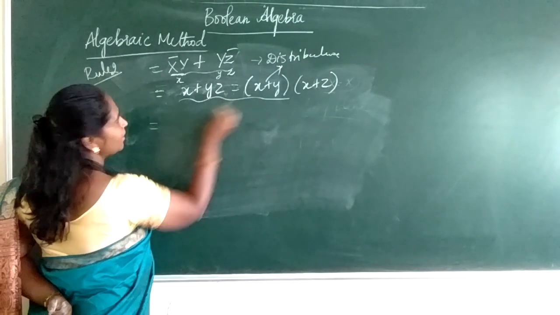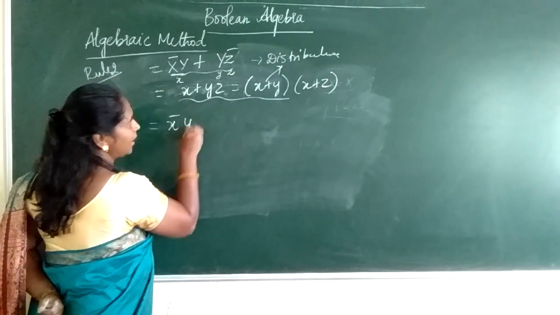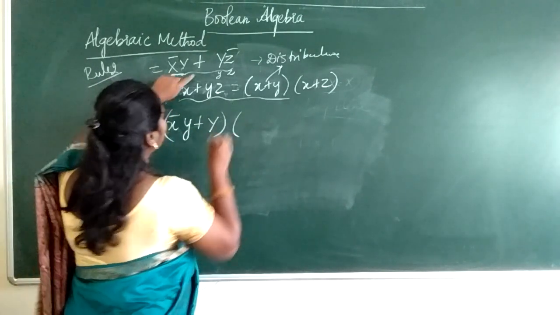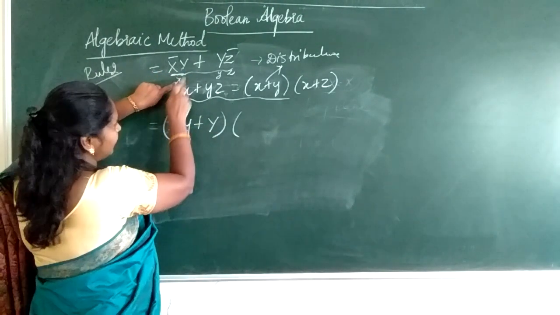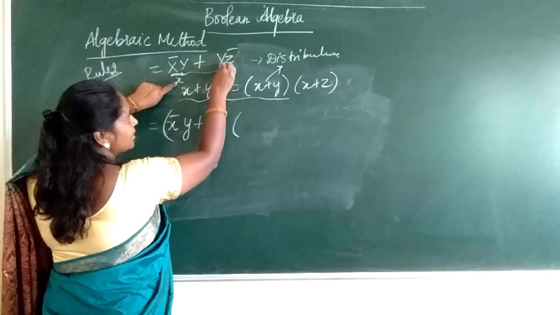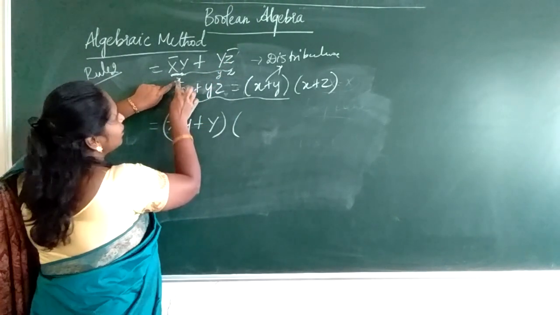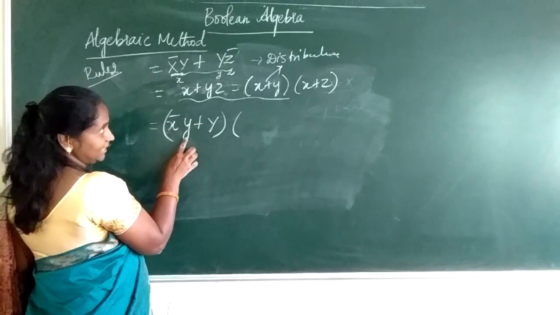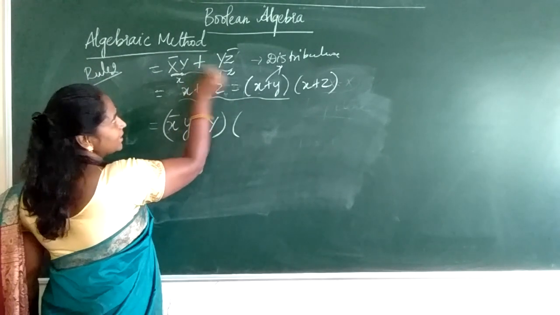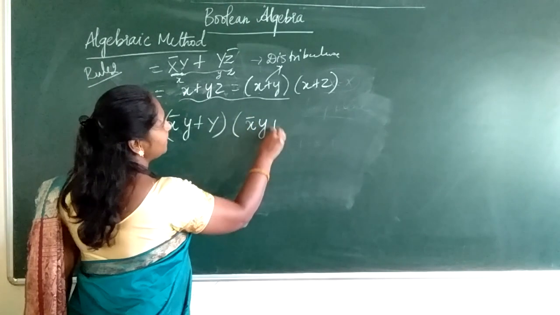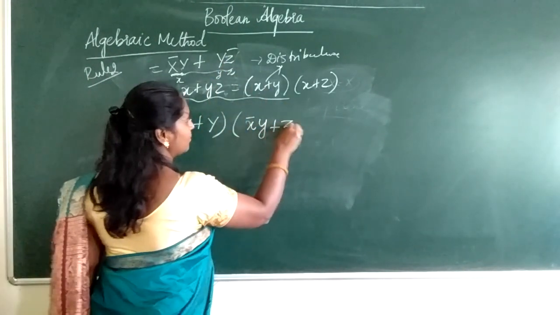So here my form is x bar y as it is, into, this term is my x, y stands for y, z bar is nothing but z. So I am taking x bar y as it is as my x, y here it is y, into x bar y plus z, here it is z bar.